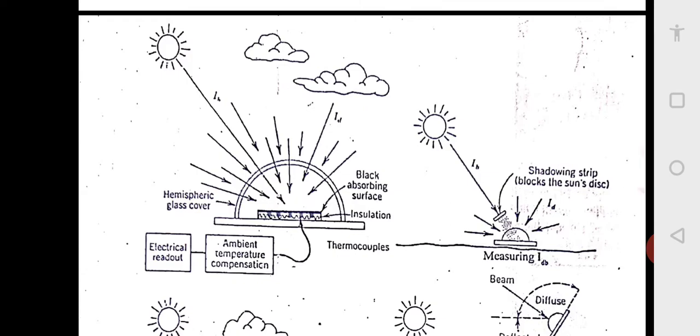In the center you have a black absorbing surface which is connected to cables, and there is ambient temperature compensation, and ultimately you have electrical readout, and below the black absorbing surface you have insulation. So this measures both direct radiation, that is beam radiation, as well as diffuse radiation.